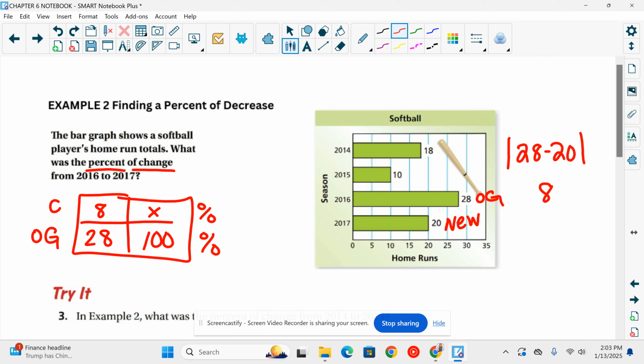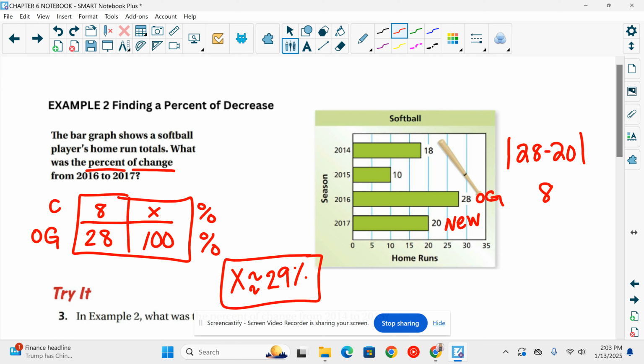No. When it doesn't tell us what to round it to, you just need to round it to the nearest whole number. So the ones place. Okay. So X is approximately 29% decrease. That's not terrible, but it's also not a good thing either.